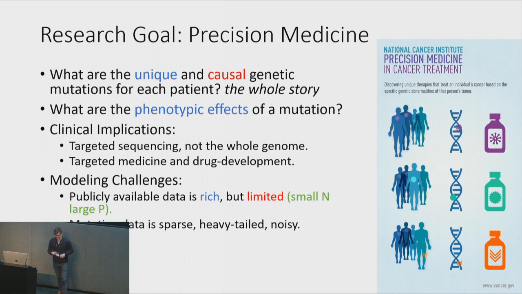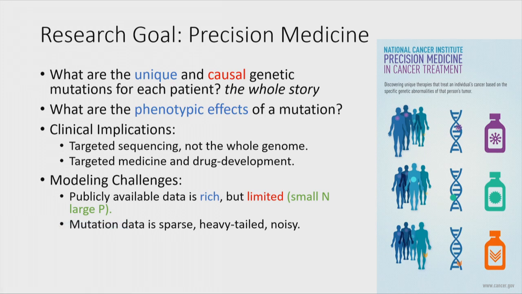The data itself is extremely sparse in terms of the mutations per gene. The distribution of frequencies of the genes, which I'll get to, is extremely heavy-tailed. It's also noisy, so there are a lot of false positives and false negatives in the data.